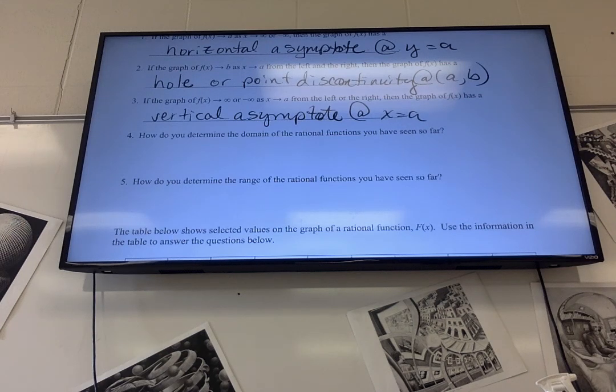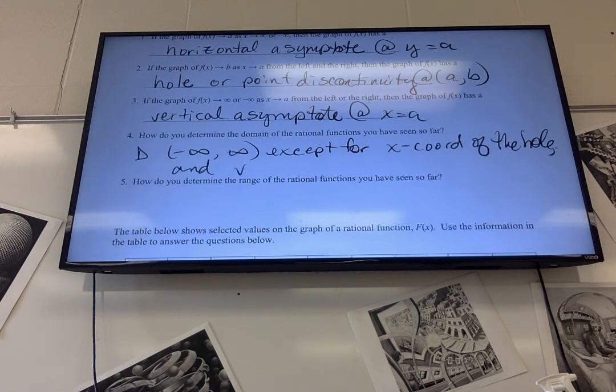And so 4 and 5 we already talked about. I think I might have even written it out on another set of notes. But to find the domain, it's negative infinity to infinity, except for what? The hole, that's the x-coordinate of the hole. And what did you say, Berkeley? I said the restricted value. Yeah, okay. So the x-coordinate of the hole, which is one of the restricted values. And what's the other restricted value that comes up?